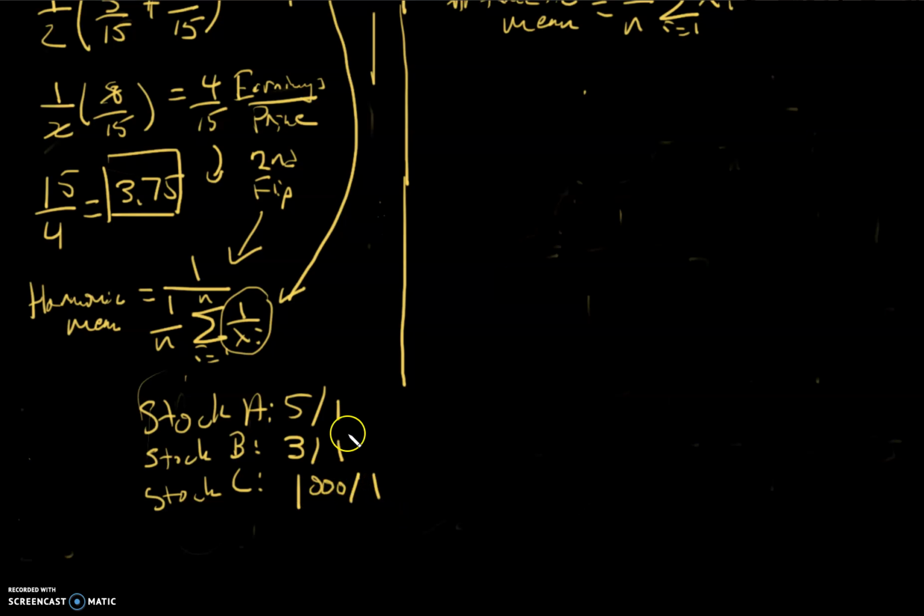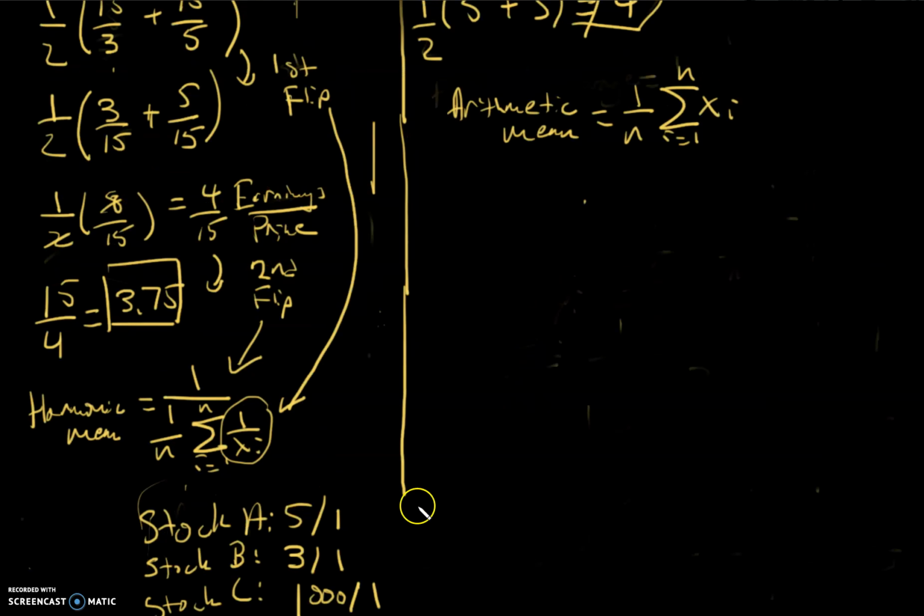Well, if you put these 3 values into the harmonic mean formula, then the 1,000 divided by 1, when you flip it, is going to be 1 over 1,000. So it's going to have a really tiny impact on the overall average.